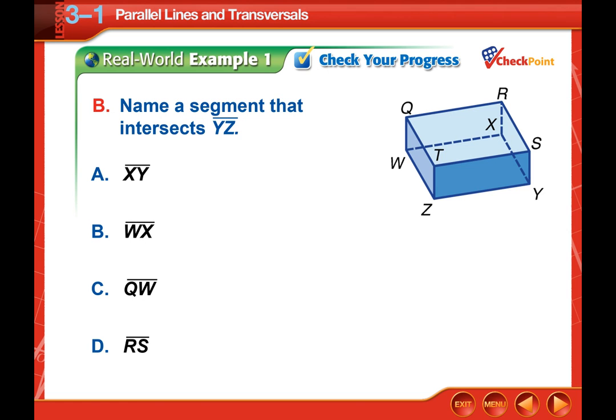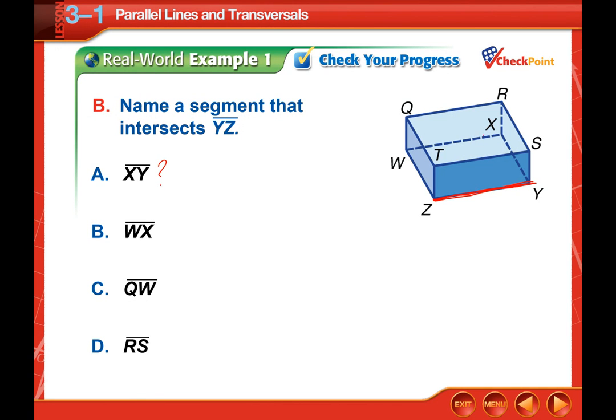Okay, name a segment that intersects YZ. Okay, so this is really something from previous. This is really nothing new. We're just looking for an intersection of segment YZ with another segment. Okay, this is something that we learned back in chapter 1. So our choices are XY. Okay, that seems like a possibility.